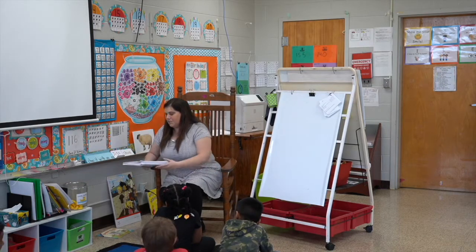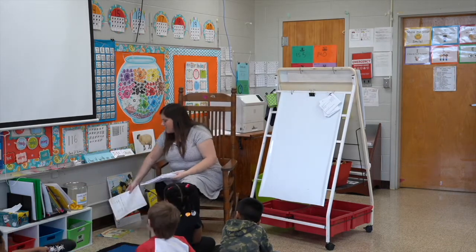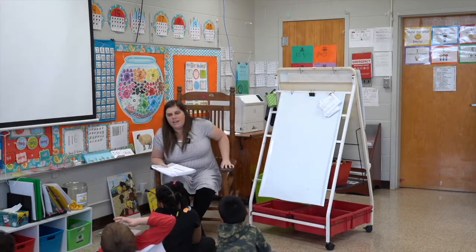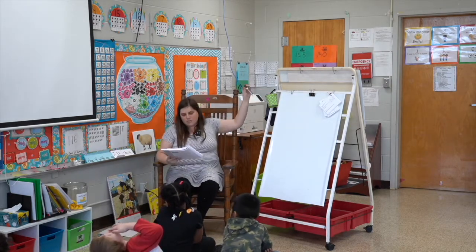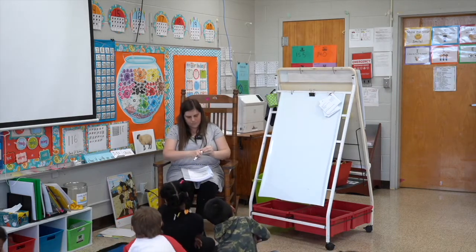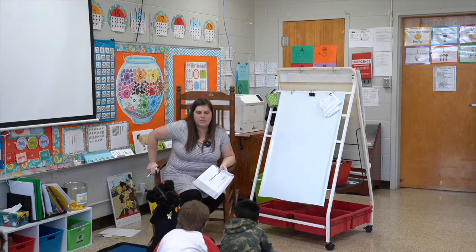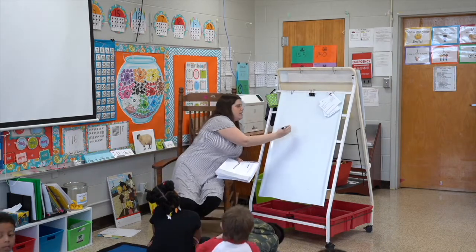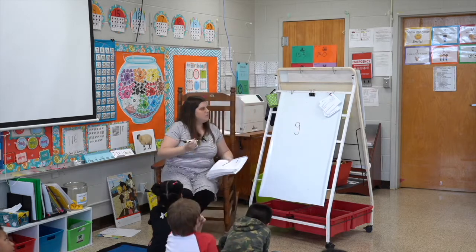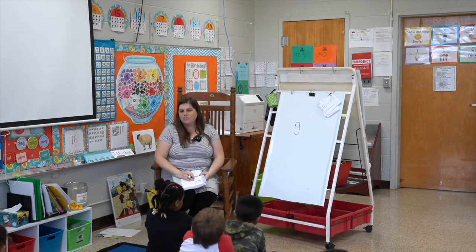Okay, but today we're going to do something a little different with these sounds. And we're going to show a different way to show these sounds. So, let me show you one of the sounds that we've learned. What is this sound? G, right?